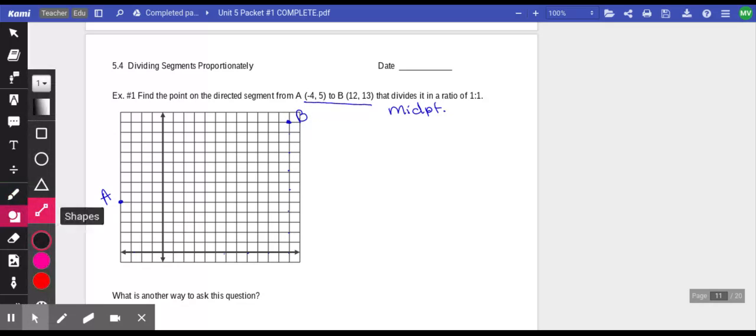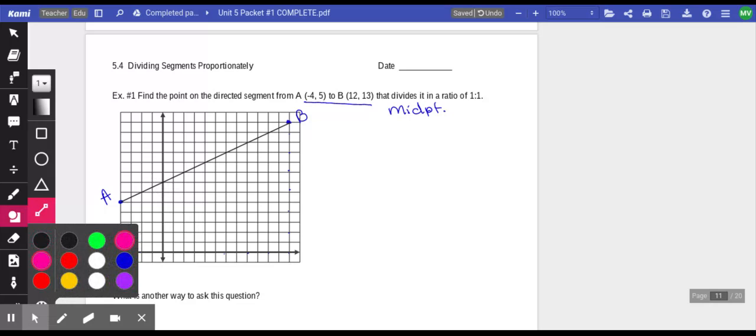I could find the midpoint using the midpoint formula, or I could think about the fact that I can make a triangle by drawing the horizontal over to B and the vertical up to B.